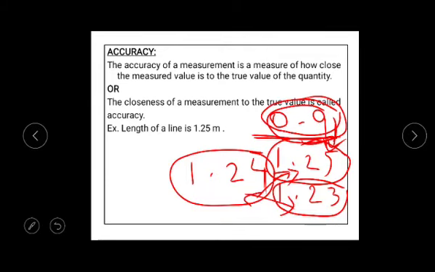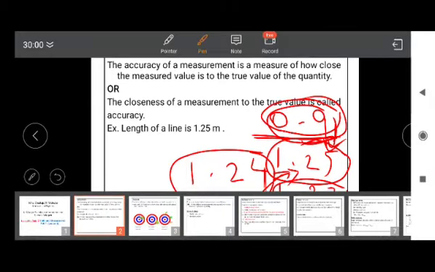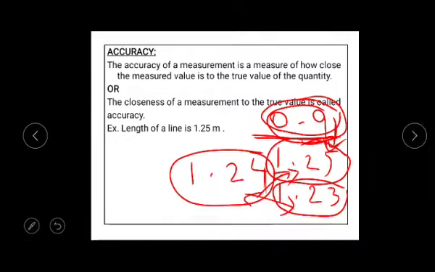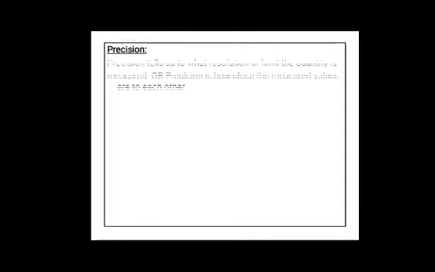Clear? Okay. Now let us go for one more word, that is precision. Actually, when we deal with measuring instruments, these two terms are very important for us. One is accuracy, another one is precision. So now let us try to understand what is this precision.